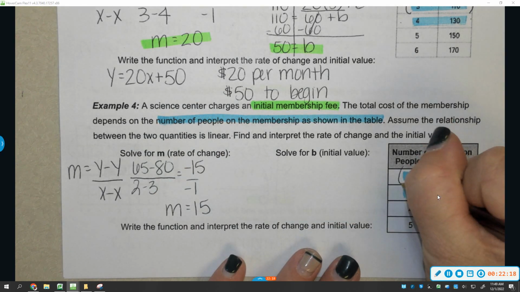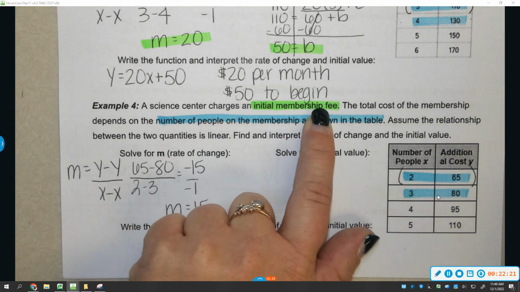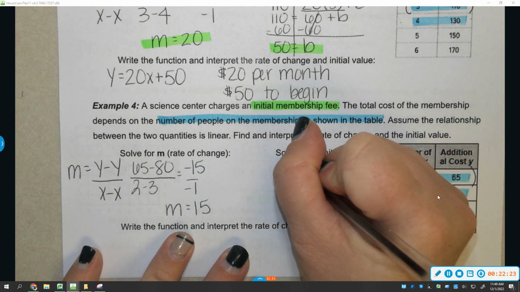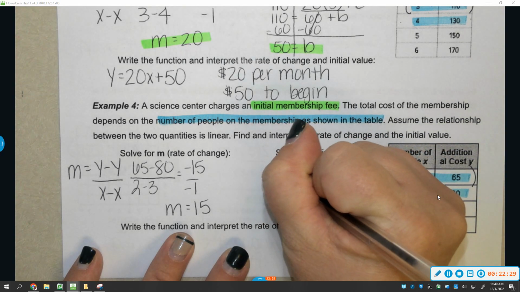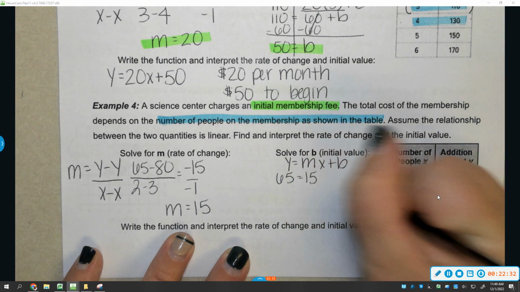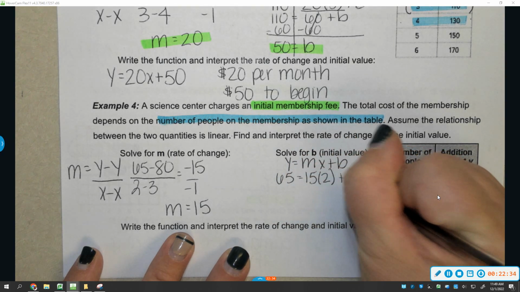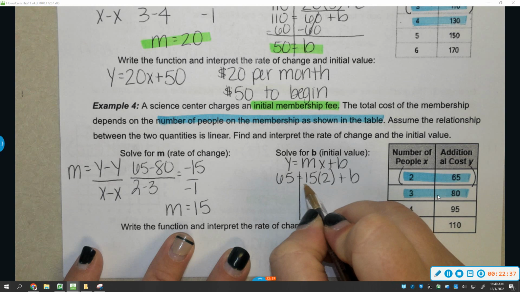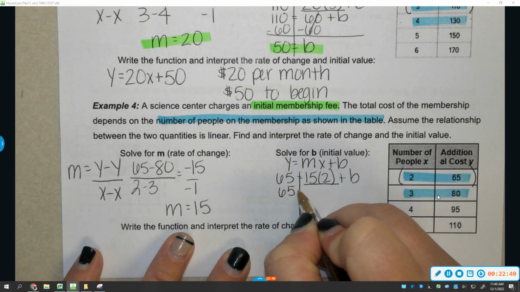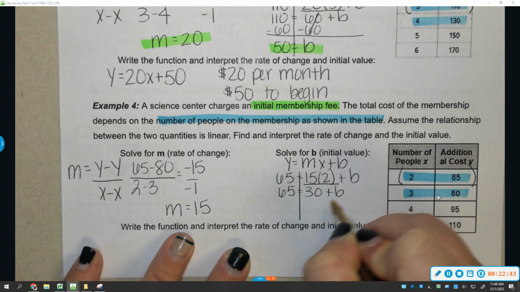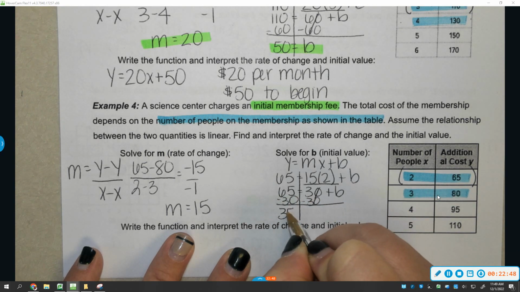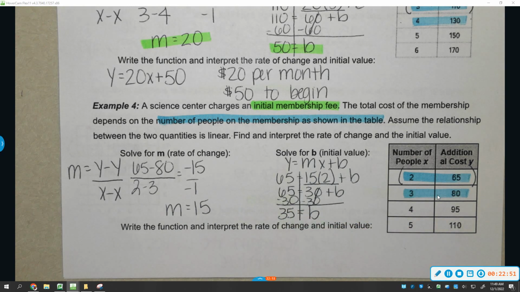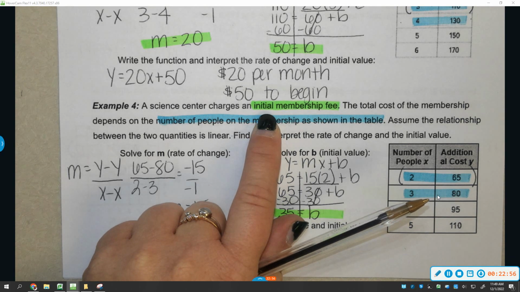To solve for B, to solve for that initial membership fee, let's use this ordered pair and plug it in for y and x. So 65 equals 15 times 2 plus B. Simplify 15 times 2, or 30, plus B. Subtract 30 from both sides. 35 equals B. So it already has in the story problem that's an initial membership fee.